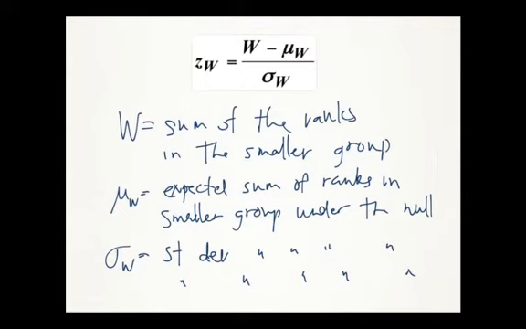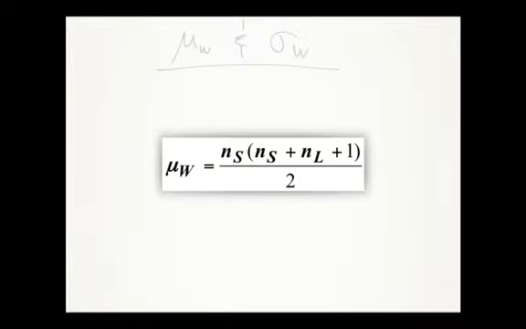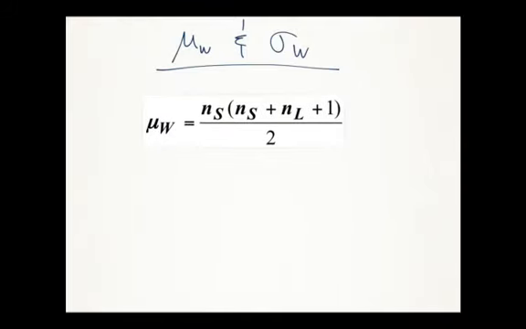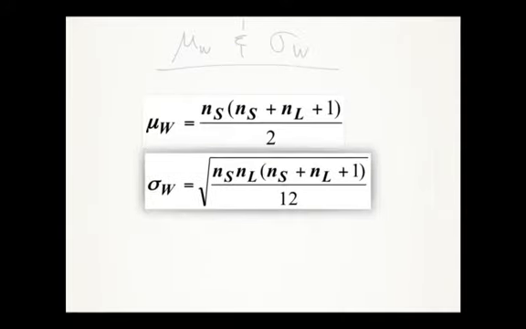Okay, so let's talk a little bit more about what we mean by mu sub W and sigma sub W. Okay, so under the null of no difference between the groups, the expected sum of ranks in the smaller group is given by the following formula. There, and the standard deviation is here.